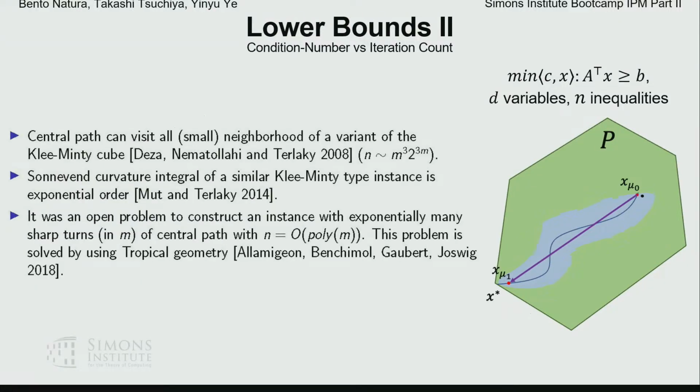So lower bounds. People now start to construct an example to make that coverage arbitrarily bad. It turns out you can; the coverage, in what we call the Clement instance, is exponential.